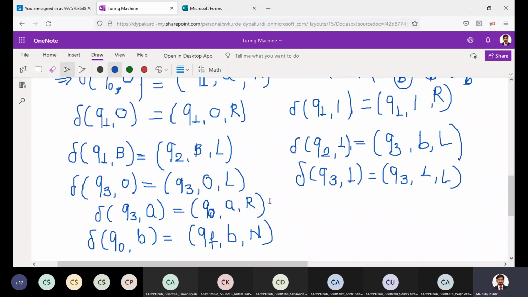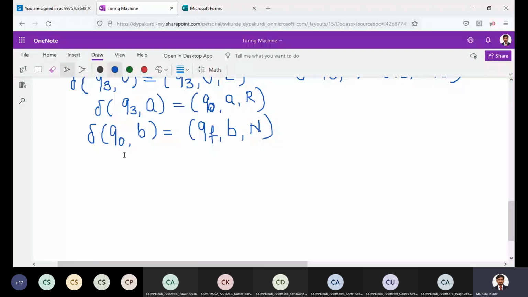This is the way we have to write the transition function: current state, current input, next state, replace the current cell value with this, and head movement. So where to move, or keep it on the current cell.